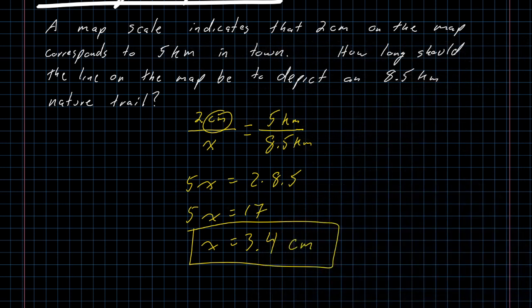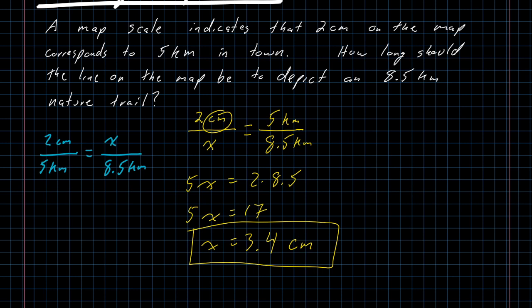But we could have done it the other way, right? I could have set this up using the map scale as my first fraction, 2 centimeters in the numerator, 5 kilometers in the denominator. Then the nature trail would be my second fraction, unknown length on the map in the numerator, 8.5 kilometers in the denominator.